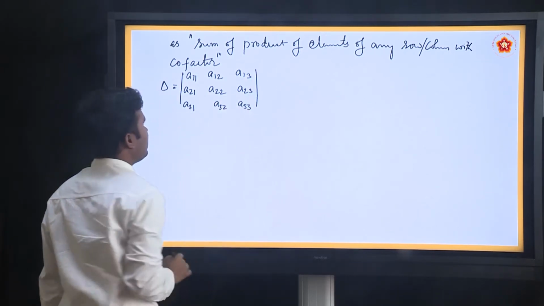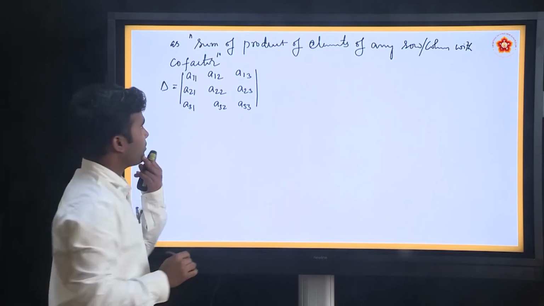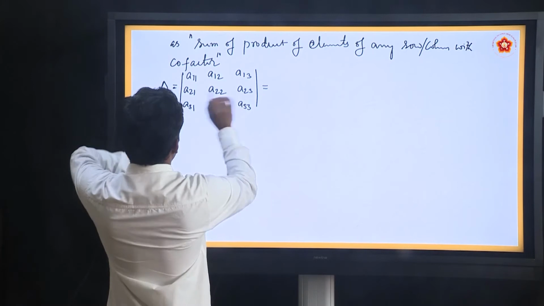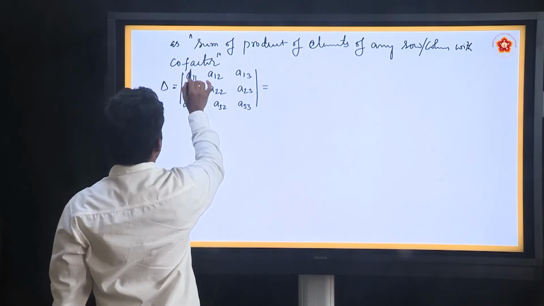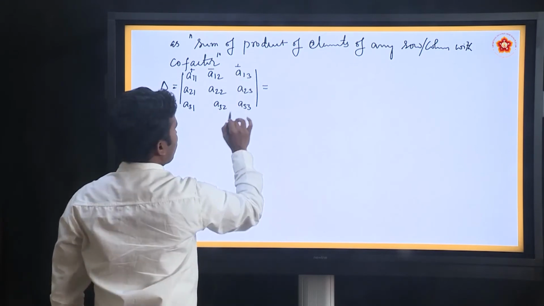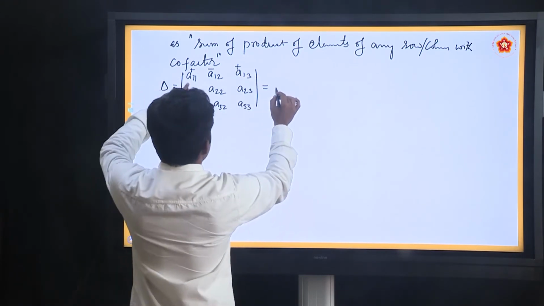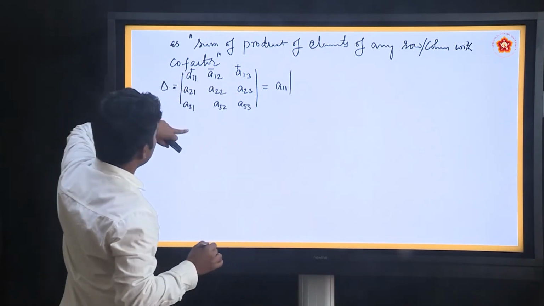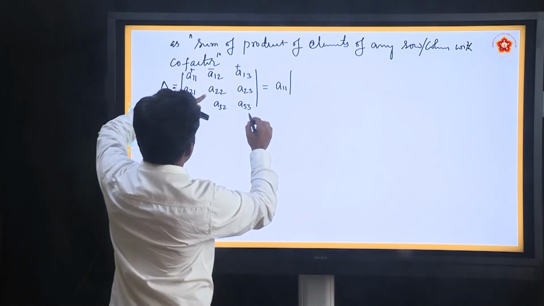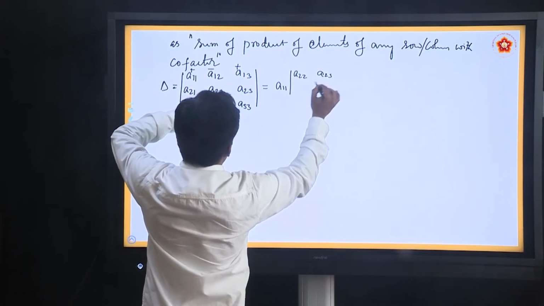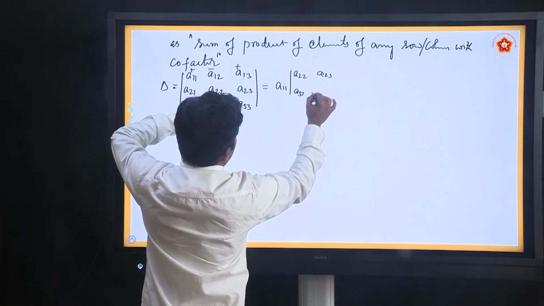I can expand this along the first row, and you know the signs associated: plus, minus, plus. Plus means A11 into, you just delete the first row and first column, what you are going to have is A22, A23, A32, A33.